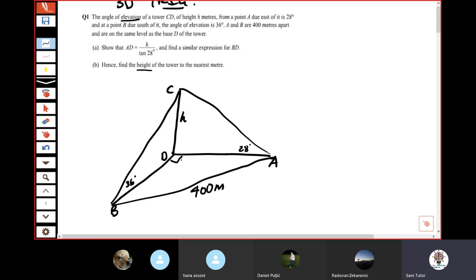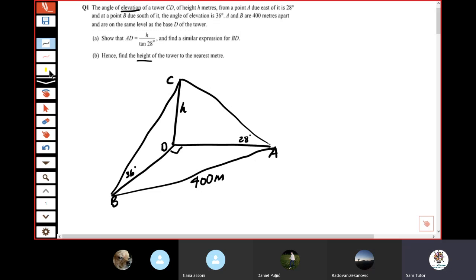Everybody understood how I got everything, how I got 90 degrees there, 36 degrees there, 28 degrees there, h there, 400 meters there? Just to emphasize it a little bit further, this is the ground, A, B, and D, and this is the pole, or a tower in this case, that's sticking out of the ground.